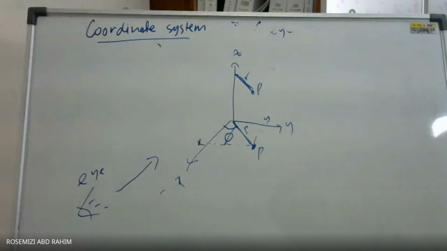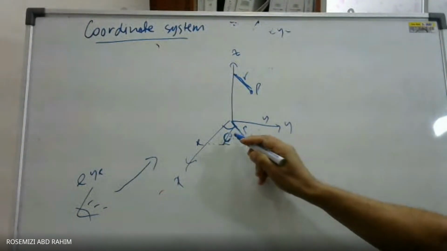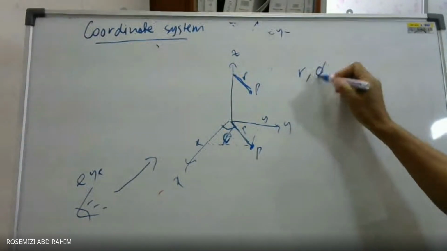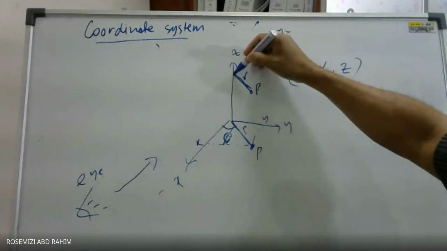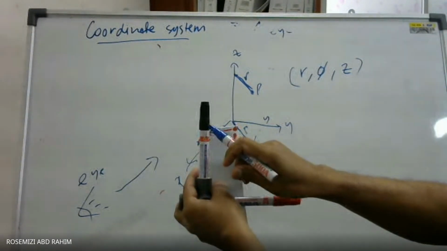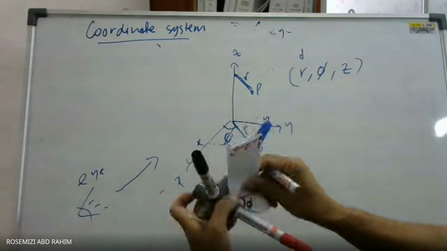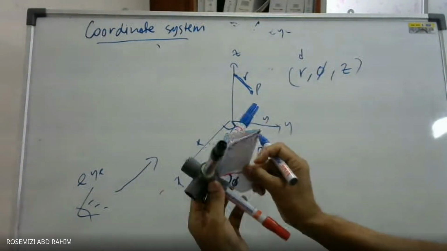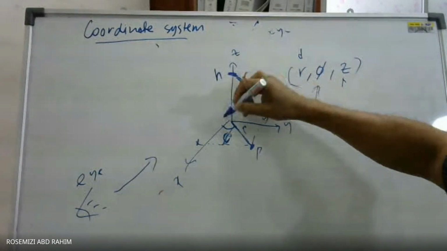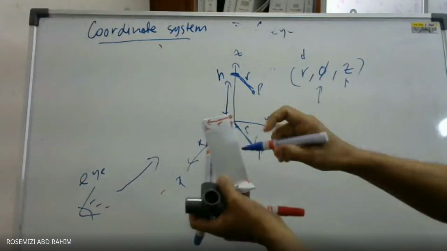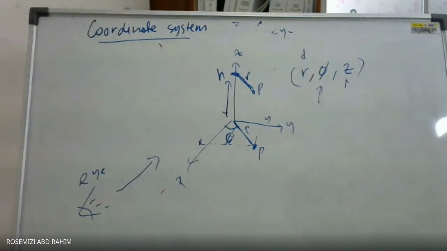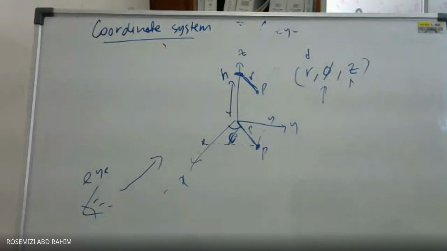So last lecture, I already showed you how to get theta, phi, and how to get R. The coordinates for cylinder are R, phi, and Z. R is the distance from the Z axis to point P. Phi is the angle from the X axis to R. Z is the height of the cylinder, value Z. That is for the cylindrical coordinate system.